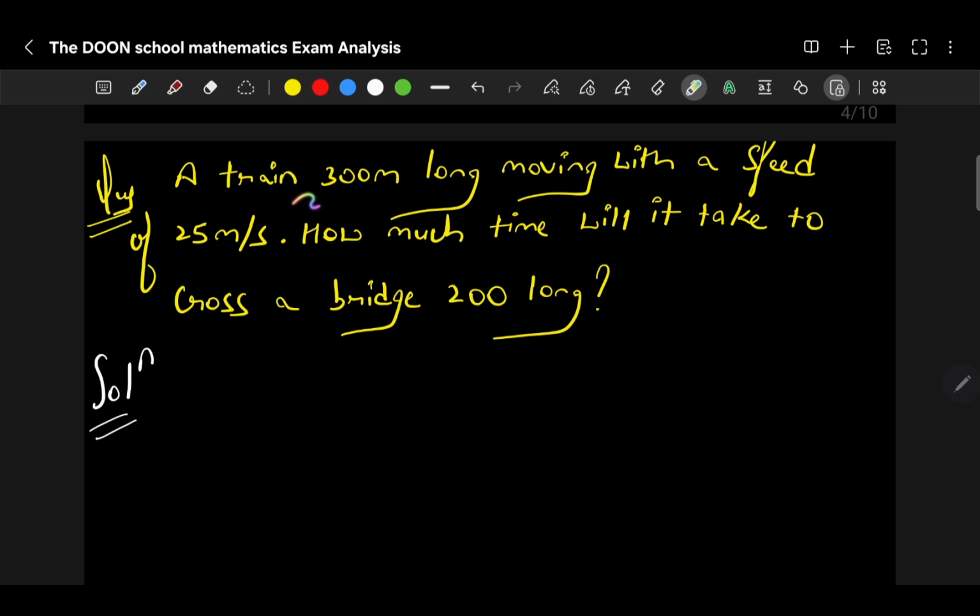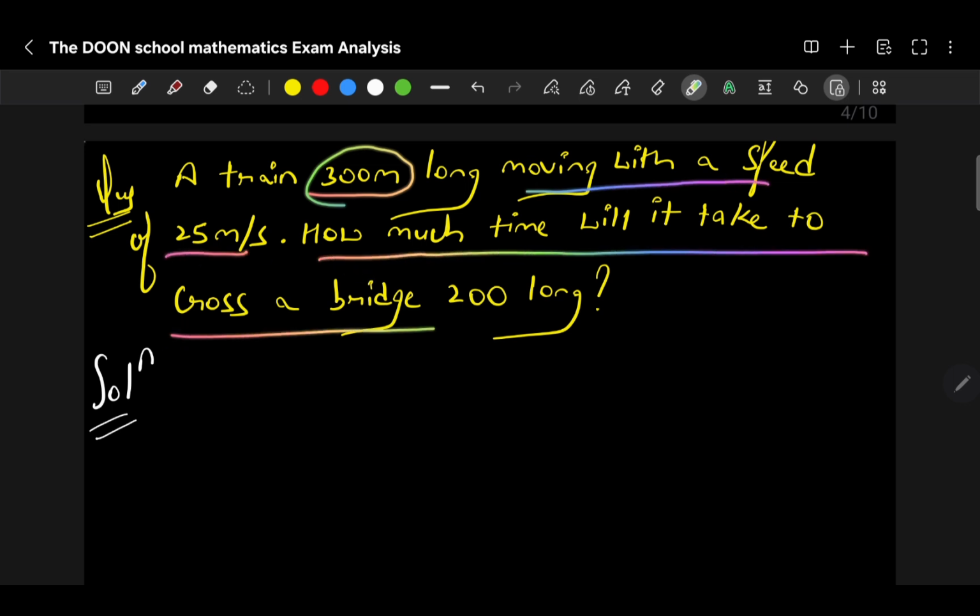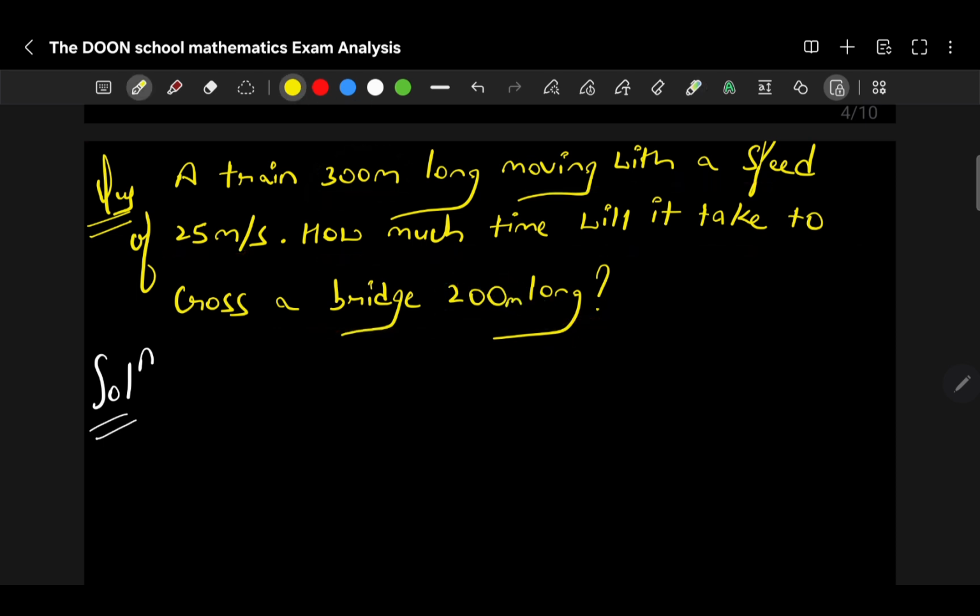This question was asked on trains. A train 300 meters long is moving with a speed of 25 meters per second. How much time will it take to cross a bridge 200 meters long? I forgot to write the unit here. You should know that whenever a train crosses a negligible object, say a pole, the object's length can be ignored, meaning its horizontal length.